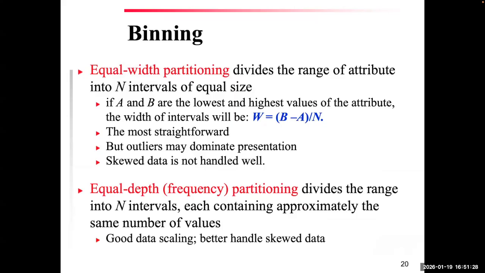If you're dividing the range into n intervals, let's say we have 12 data points and I ask you for 3 intervals, you know that we have four values in each, right? Each bin contains 12 divided by 3, which is 4 values.